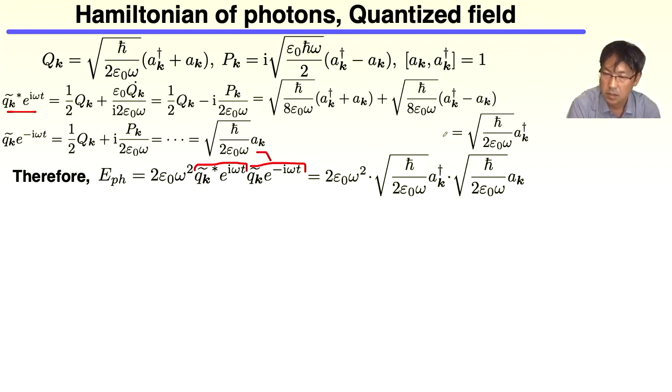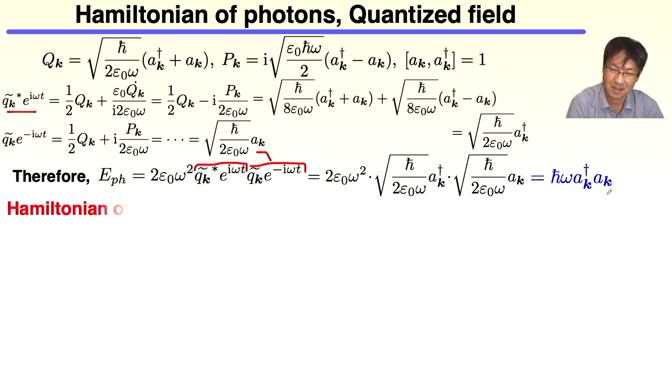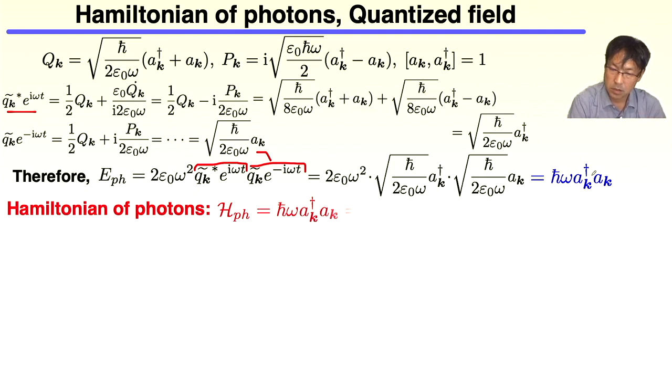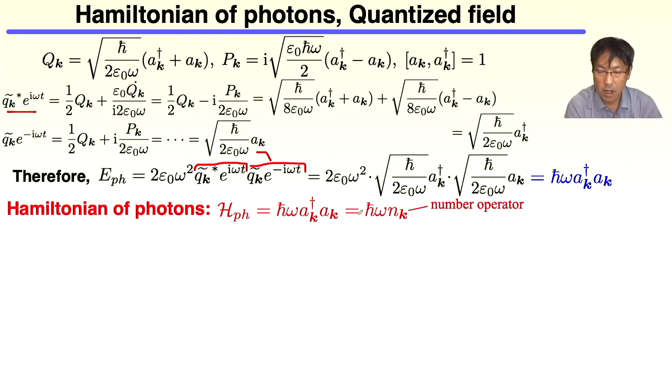Then we get this one, and finally the energy of the electromagnetic field is expressed by using h bar omega times ak dagger ak. Then we can quantize light by using the concept of photon with the annihilation and creation operators, like this one. So this is the Hamiltonian of photon, and in the same manner as the harmonic oscillators, ak dagger times ak stands for the so-called number operator.